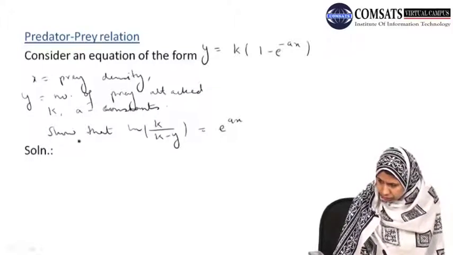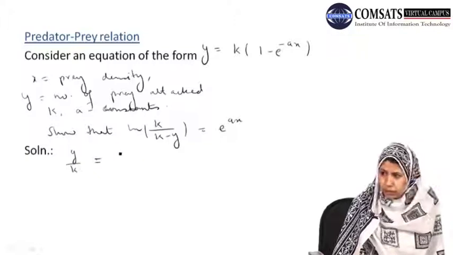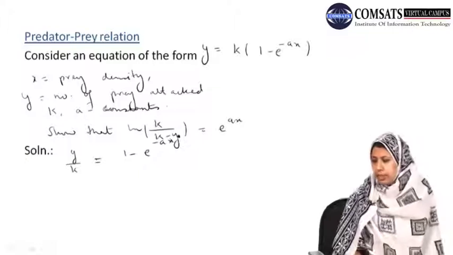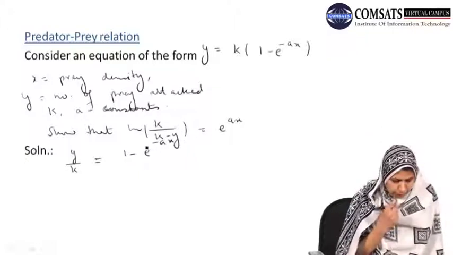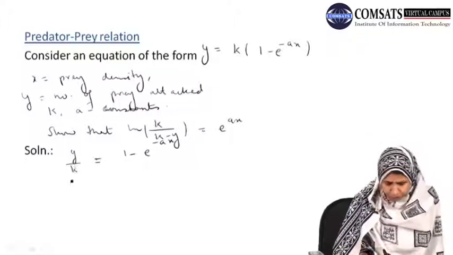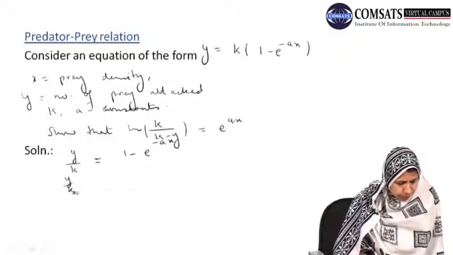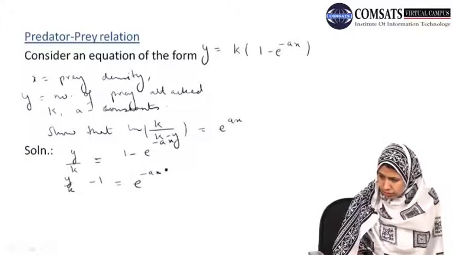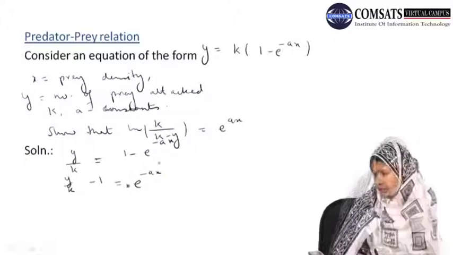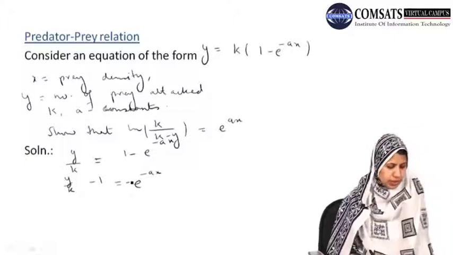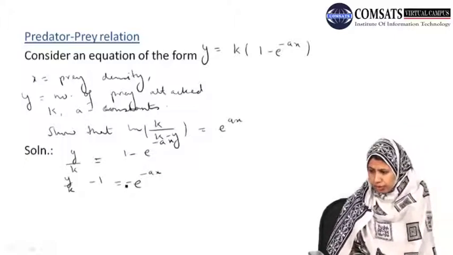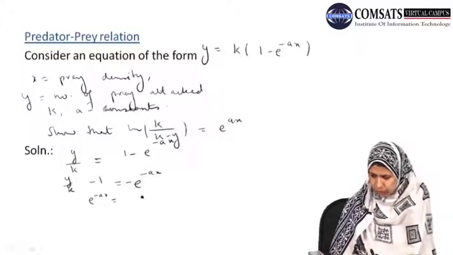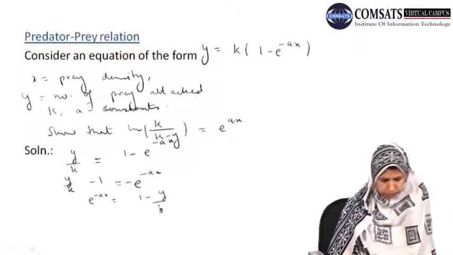So we obtain y over k is equal to 1 minus e to the power minus ax, and simplifying, y over k minus 1 is equal to minus e to the power minus ax, or simply e to the power minus ax is equal to 1 minus y over k.